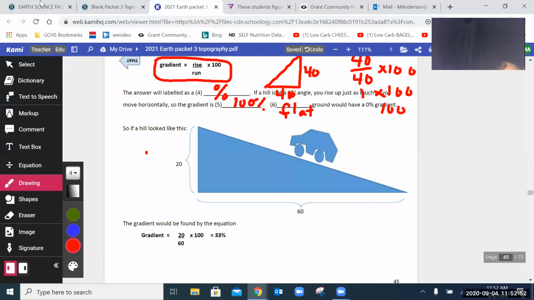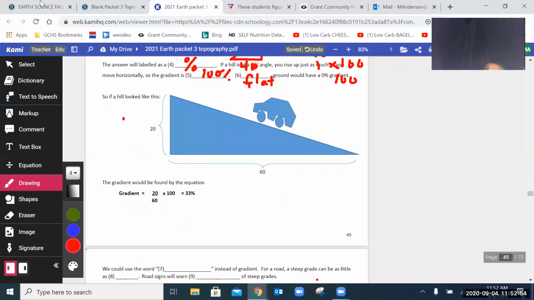Here's a more realistic problem. We have a car going up a slope. It rises up 20 feet. This is your rise. As it goes horizontally 60 feet, this is your run. So the rise goes on the top of the fraction, the run goes on the bottom, and then we multiply by 100.